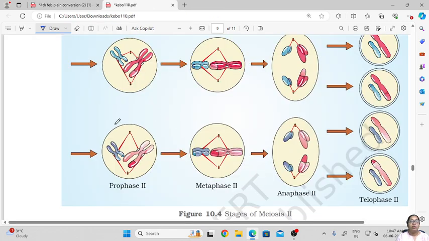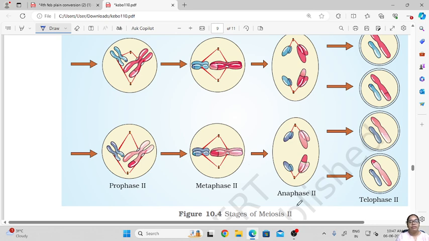So these were the two cells which we got from meiosis 1. The starting of meiosis 2 takes place by the prophase 2 phase. These two cells formed from meiosis 1 will again undergo division. First in the prophase, the chromosomes will be condensed and the nuclear membrane will disappear, then the chromosomes will align themselves at the equatorial region.